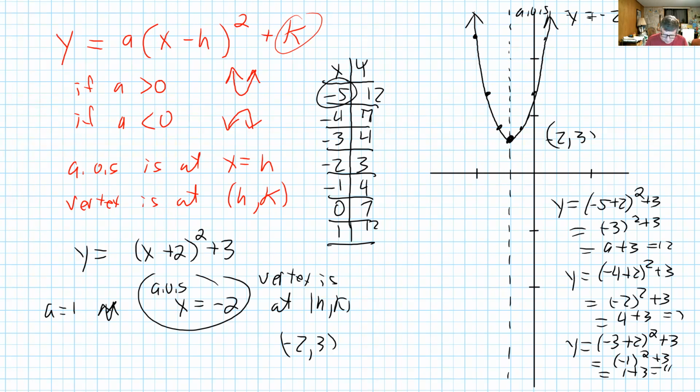Now what I want to do next is go to WebAssign and show you how to graph this. Graphing it freehand on graph paper, which is what we'd be doing in a normal classroom, you would find the axis of symmetry and the vertex, put that vertex in the center of your table, find some table values, and graph it.